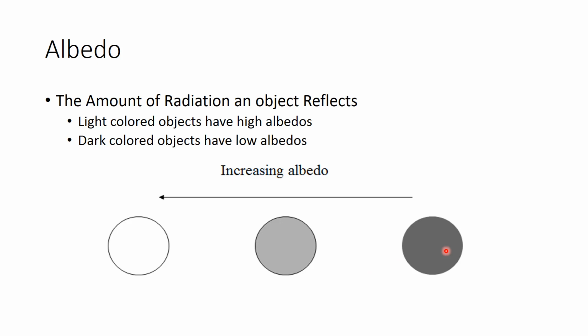This is why on a really hot day, you want to wear a light-colored shirt, not a dark-colored shirt. Because if you wear a light-colored shirt, that is going to keep you nice and cool because most radiation is being reflected off of you. On the other hand, if you wear a dark t-shirt, most of that radiation is being absorbed. Radiation that's absorbed causes heating. That's heating your body up.